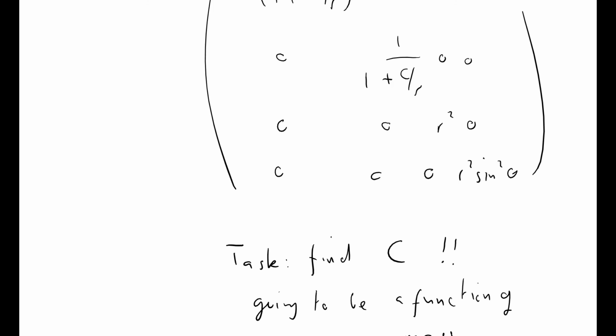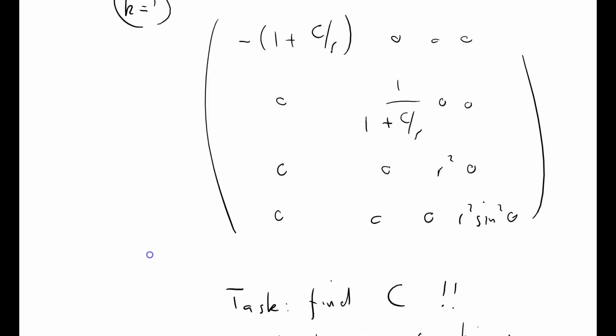If you'll remember how hard it was to find that undetermined constant in the Einstein field equations, this might sound like a total nightmare, but it isn't. It's relatively straightforward. We've got a nice form for our metric tensor here with one uncertain parameter, this capital C, which was a constant of integration from, I don't know, three or four pages back. Let's find out what C is.